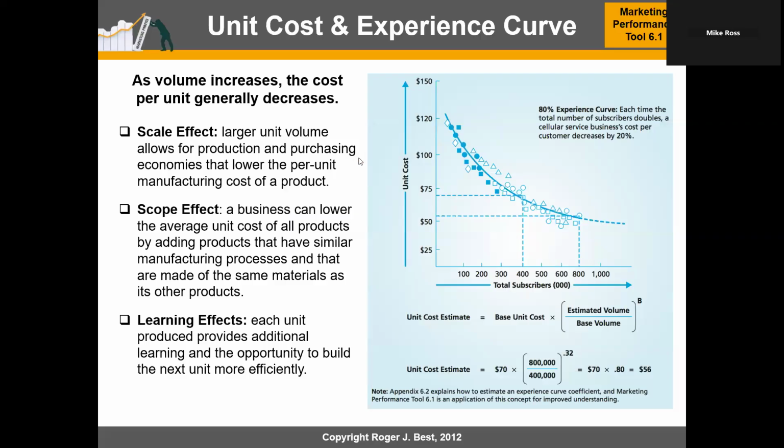Now we go back and reconnect with our microeconomics friends. Remember, when we look at a cost curve, we have quantity on the x-axis and price or cost on the y-axis.